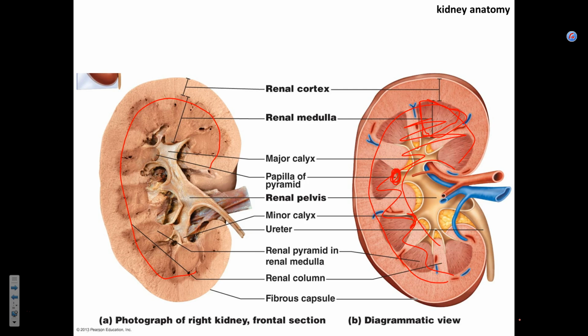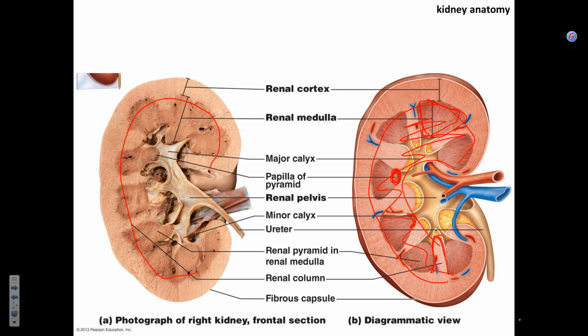Now, renal pyramids are separated by renal columns. Renal columns are extensions of cortical tissue. So this here is the renal pyramid. This is the renal column. Can you see it? Fantastic.